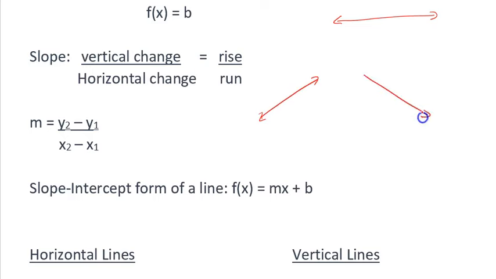A negative number is a downhill slanted line. The bigger the number, the steeper the line. The bigger the negative number too, so if this was -1, a -3 would be steeper. That's how the slope works.